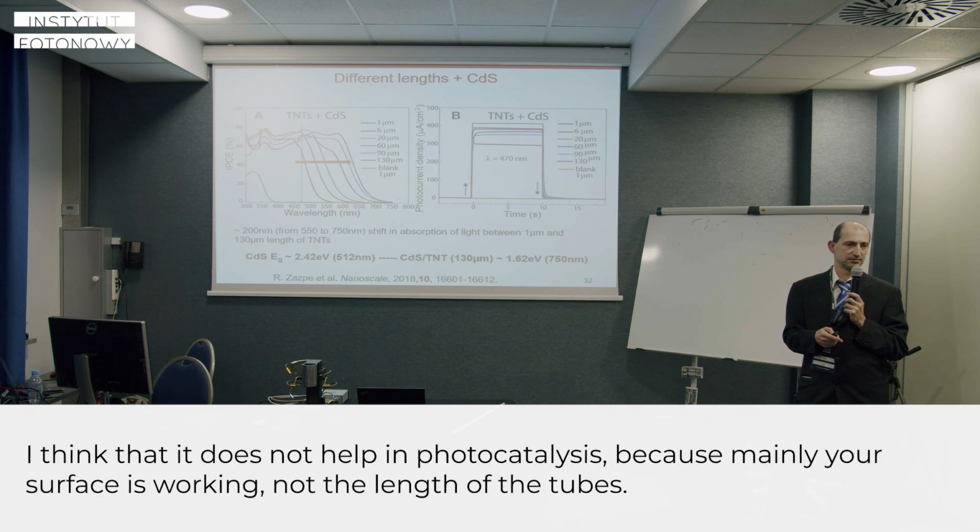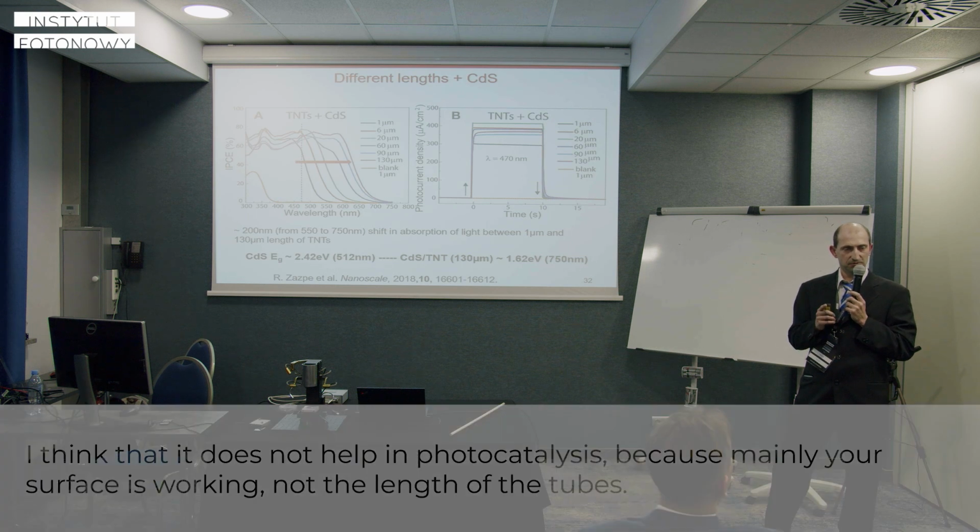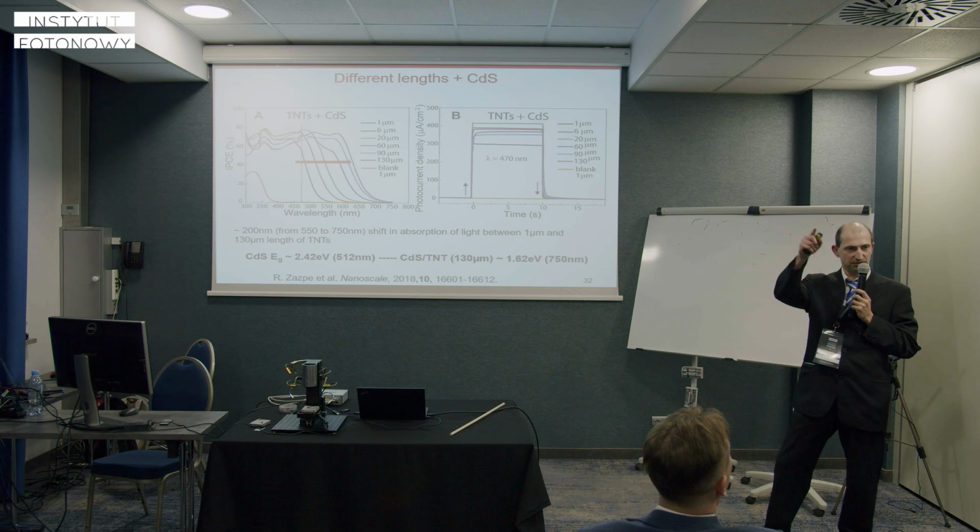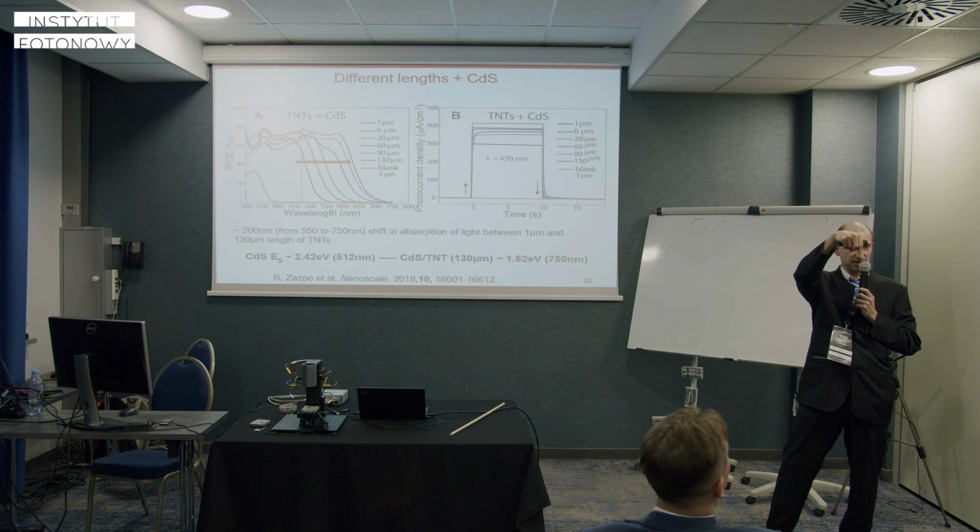I think that it does not help in photocatalysis because mainly your surface is working, not the length of the tubes. But I would say that the length plays a role because you have the interior and exterior. The exterior, definitely, the tubes from the outside will work because the solution can get there.